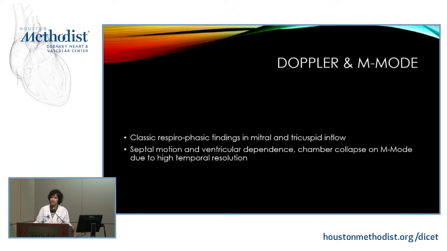Normally when you take a deep breath, when you inspire, there is a decrease in intrapleural pressures by 5 to 7 millimeters of mercury, and this is transmitted to the intrapericardial pressures too. And with the decrease in the intrathoracic pressure, you have increased venous return from the IVC, that is most nicely seen, and you will have increased RV diastolic filling.